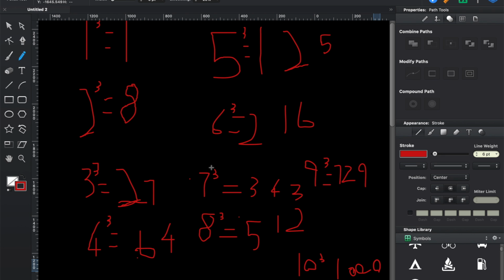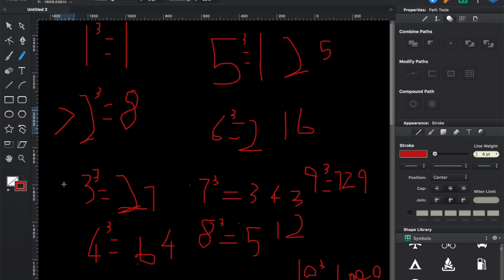What I want you to notice is every cube's last digit: 1 and 1, 4 and 64, 5 and 125, 6 and 216, so there are two 6s, 9 and 729, and 10 and 0, the last digit 0.